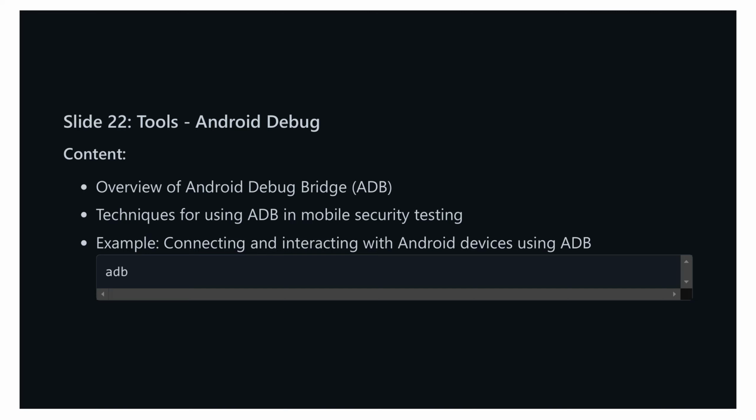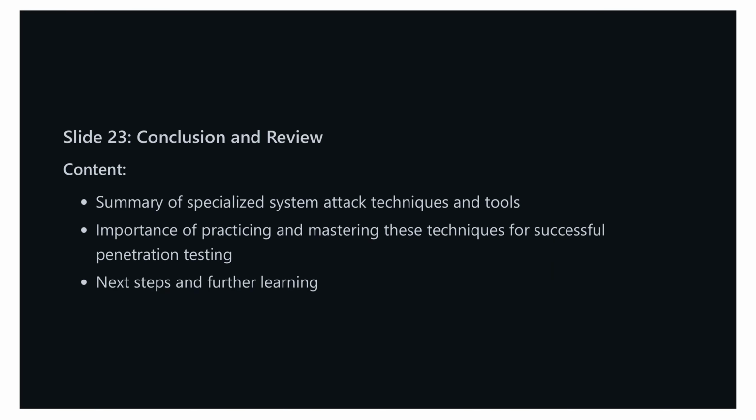Next, we will summarize what we've learned about specialized system attack techniques and the tools like Drozer and ADB in our concluding slide. We'll also discuss the importance of practicing these techniques for effective penetration testing and suggest further steps for continued learning. Slide 23 presents the conclusion and a review of the key concepts we have covered in this module.